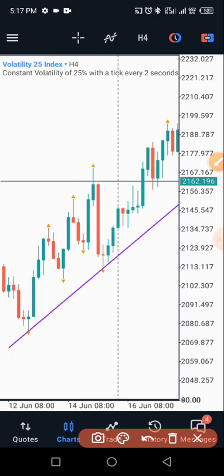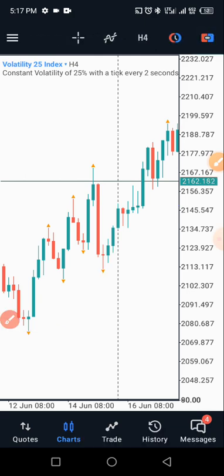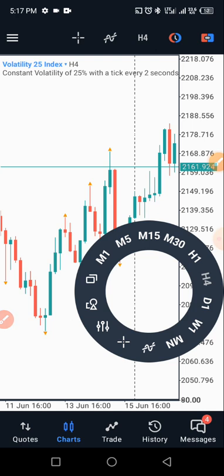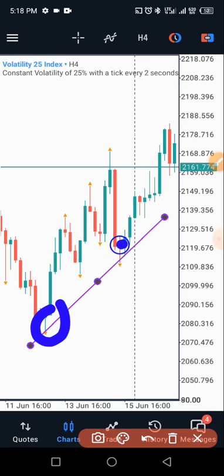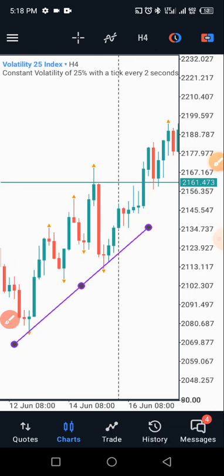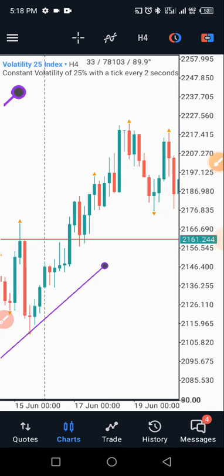So these are the first points we have to draw our trend line. This is how we want to draw our trend line, placing it here for the first and second touch. So we want to anticipate and wait for a third touch in the market before we take our trade.